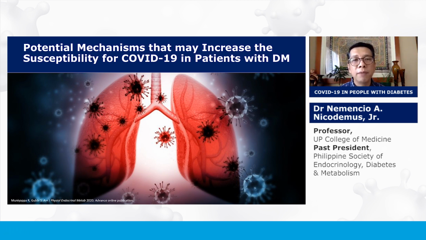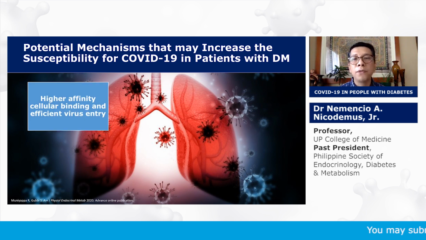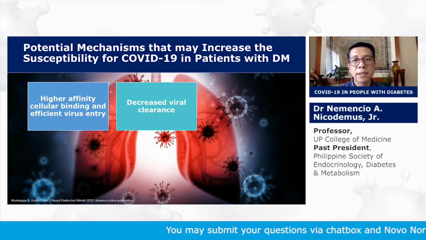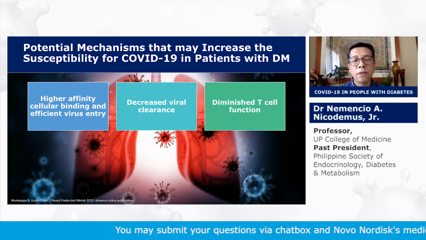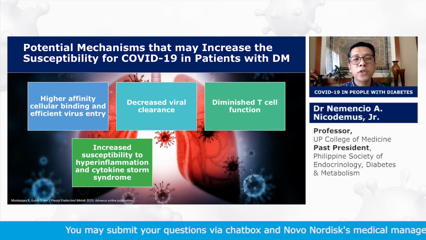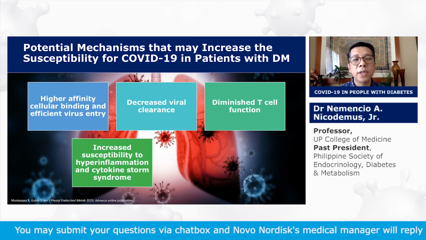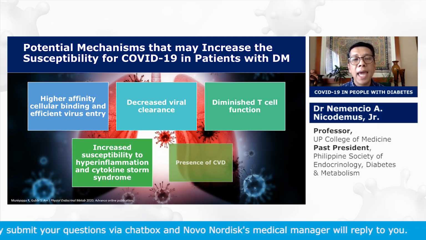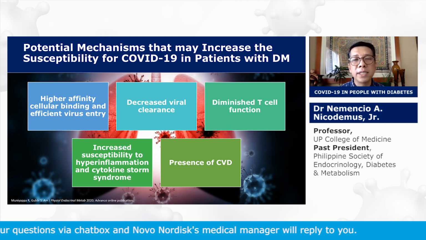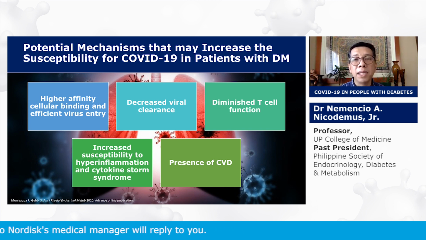Several hypotheses have already been put forth, and these include the higher affinity cellular binding and the efficient virus entry into the host of a diabetic patient, decreased viral clearance, diminished T-cell function, increased susceptibility to hyperinflammation and cytokine storm syndrome, and the presence of cardiovascular disease. We all know that all of these factors are present among our patients with diabetes.